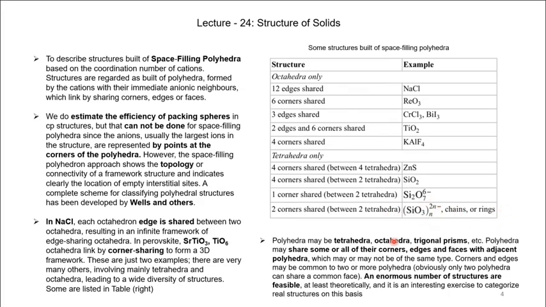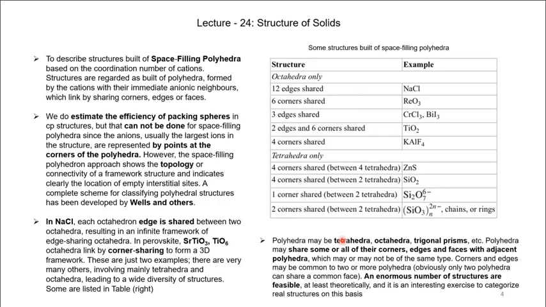That's what. Now, we were talking about polyhedra, so it could have tetrahedra, octahedra, trigonal prism, etc. Please do remember that tetrahedra, octahedra, trigonal prism, this is the motif, not the crystal system. It is not a crystal system, it is a motif.